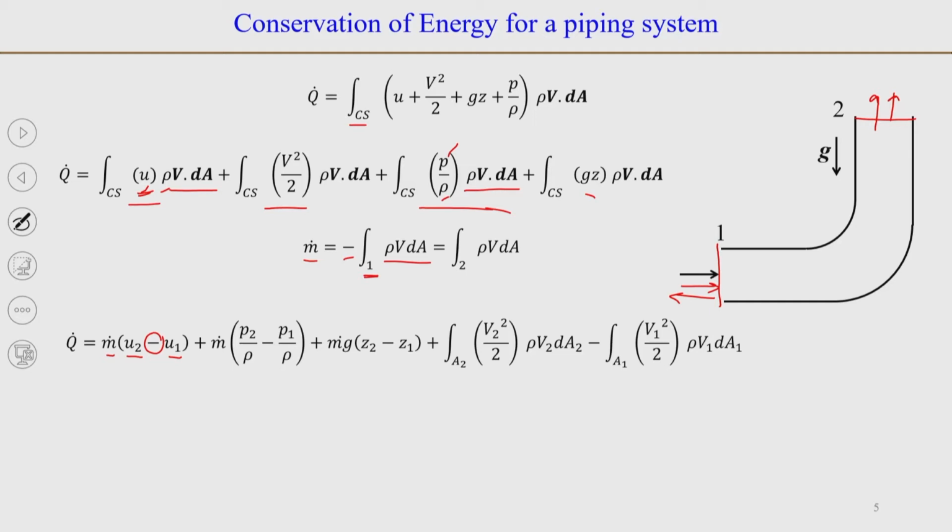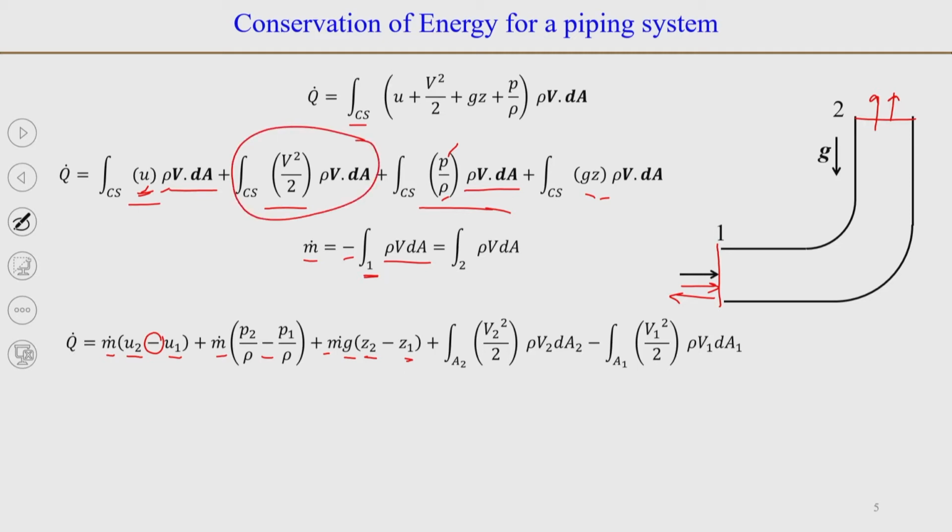So, P2 by rho minus P1 by rho into m dot, again the minus sign because m dot is negative at the entrance, or at section 1. Then the third term will be m dot into g (Z2 minus Z1). So, we have looked at the three terms, and the only term left is this one.